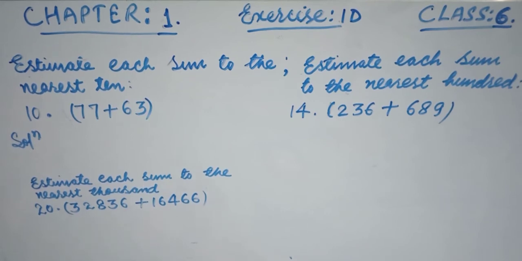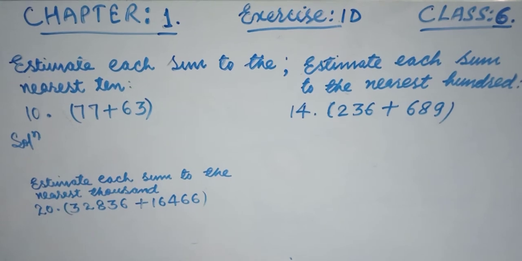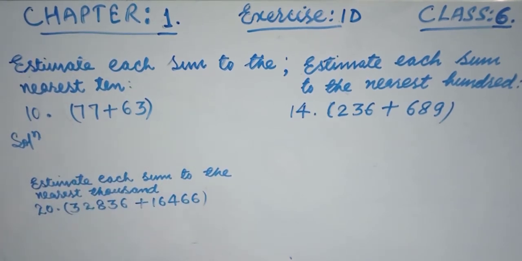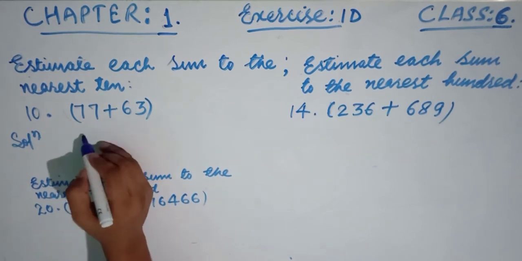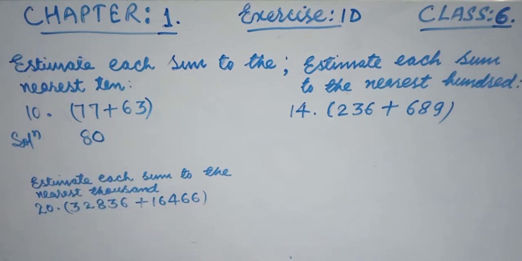So the tens place value is increased by 1, and the ones place digit is changed to 0. So this could be written as 8, and this changed to 0.